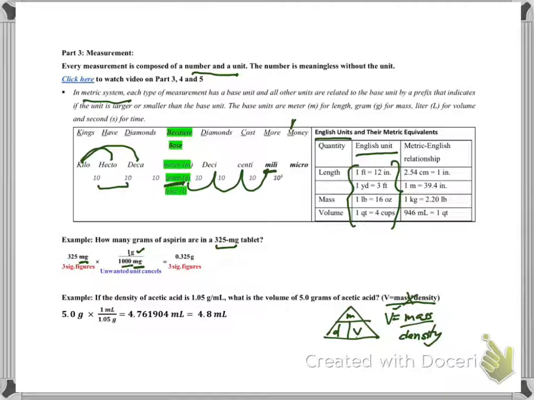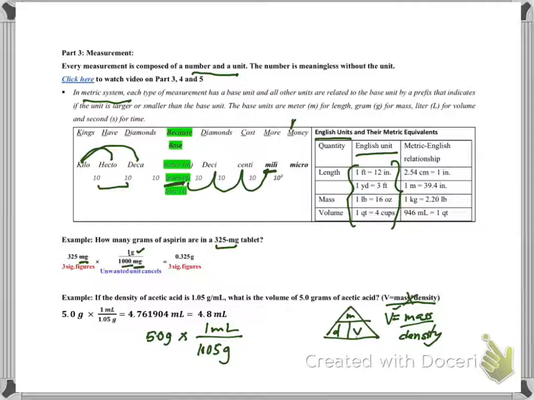So you have a mass of 5 grams, and then you have to write down the density. You're dividing it by the density, and what is that? 1.05 grams per ml.